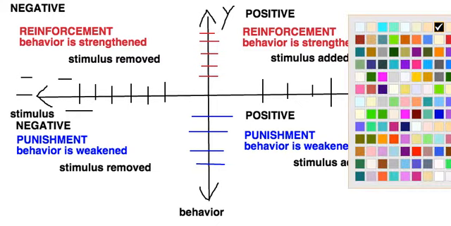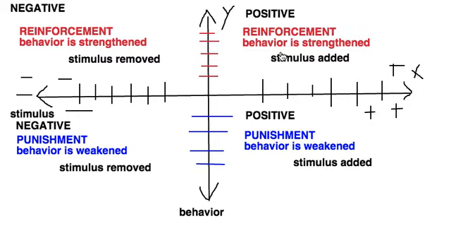Now, I'm also going to use examples with your parents, how they might get you to clean more. In the reinforcement examples, we'll talk about how your parents can get you to clean more, strengthen that cleaning behavior. And then in the punishment examples, how can your parents get you to stop coming home late, or come home late less frequently? All right, so let's go with reinforcement. How can your parents get you to clean more using positive reinforcement?